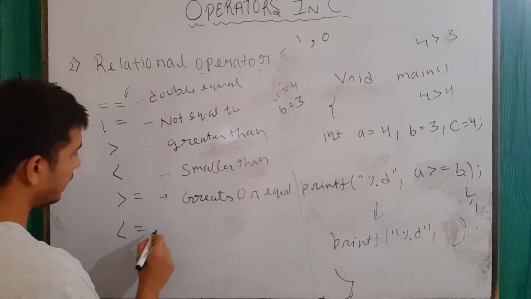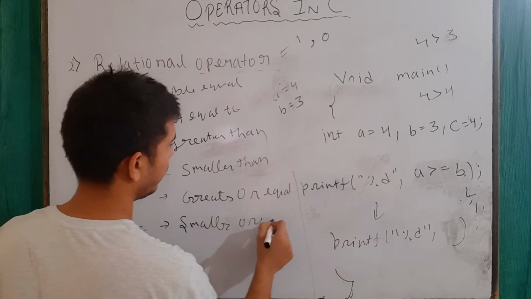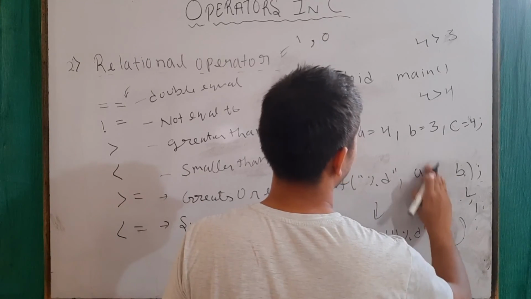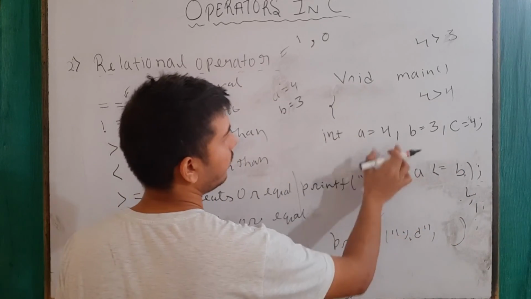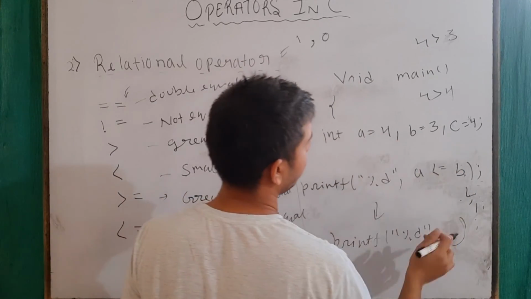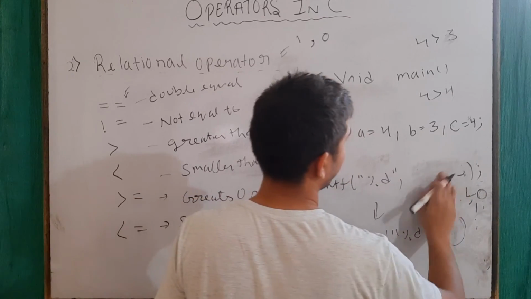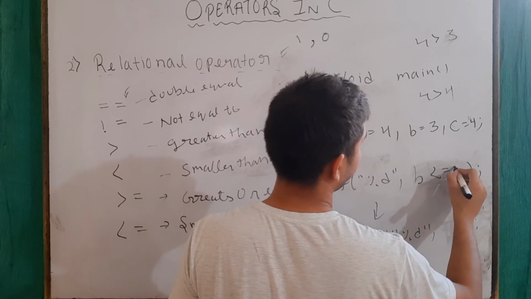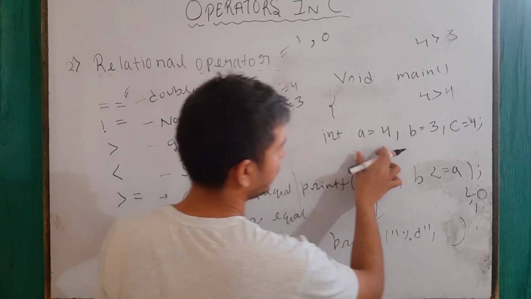Similarly, less than equal to will check for smaller or equal. Okay? Let's see. Is A smaller than B? Is 4 smaller than 3? No. So it will give me 0. Now if I reverse it, B is less than equal to A. Now 3 is less than 4. Yes, the condition is true.